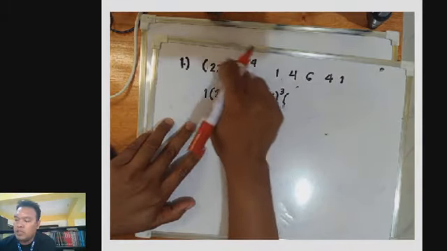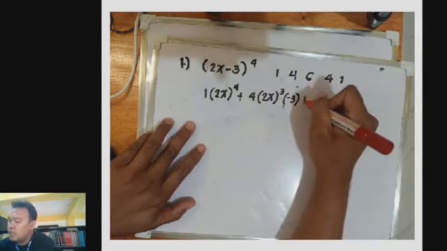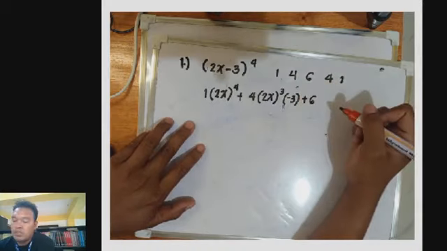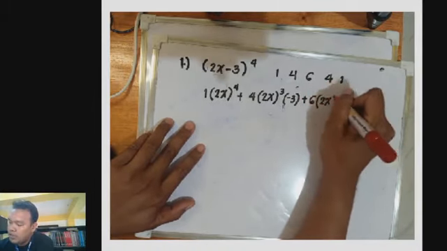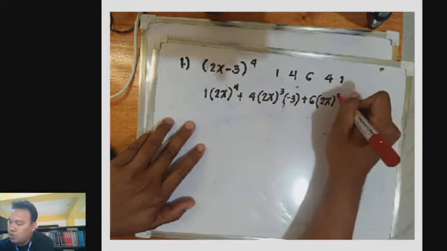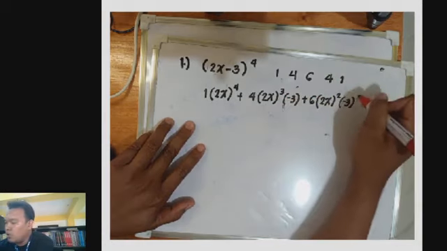Yung y natin na itong nandito. No? So, lalabas siya na negative 3. Then, plus, coefficient which is 6 multiplied by 2x. Yung 3 magiging 2. Then, yung y, since 1 yan, magiging 2 yun dito.